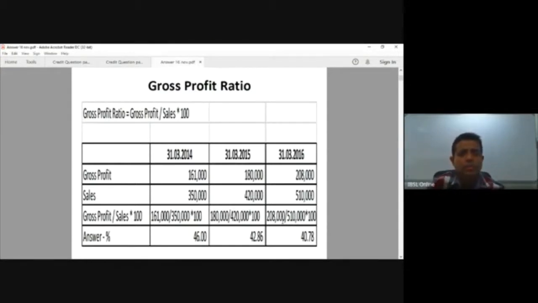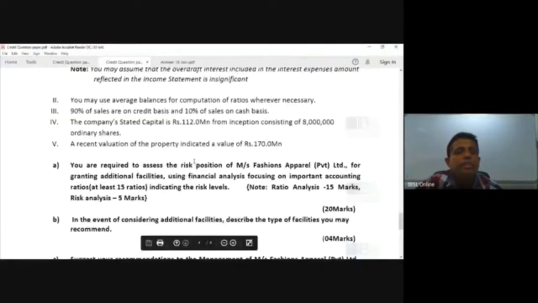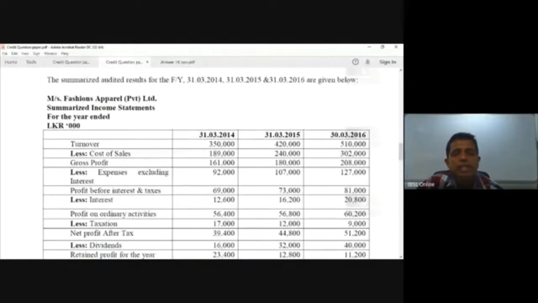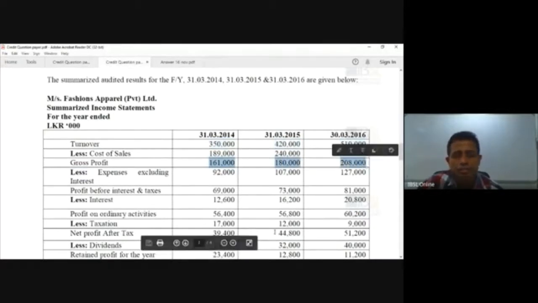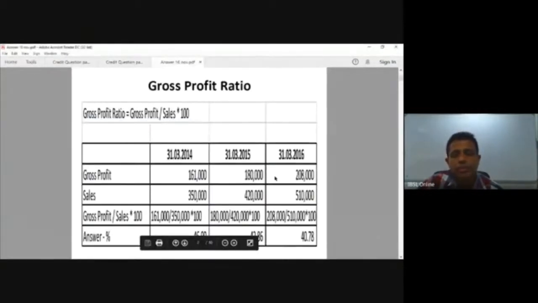Under gross profit ratio, you have to straight away go to the income statement, right? Go to the income statement, and you have to take the turnover for 3 years and gross profit for 3 years, right? I took gross profit for each year and sales for each year, and divided the gross profit by sales into 100.